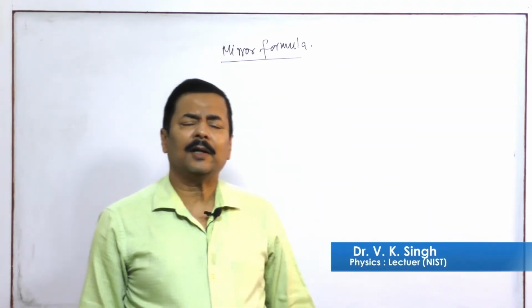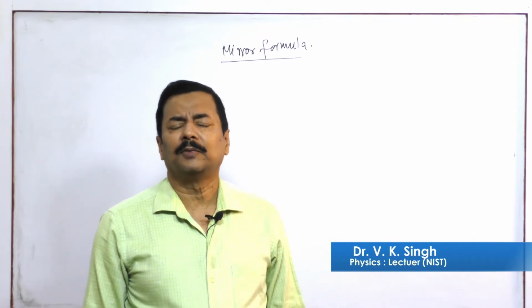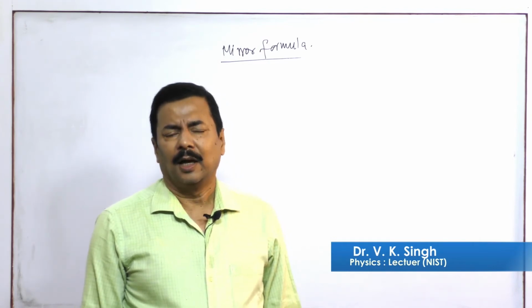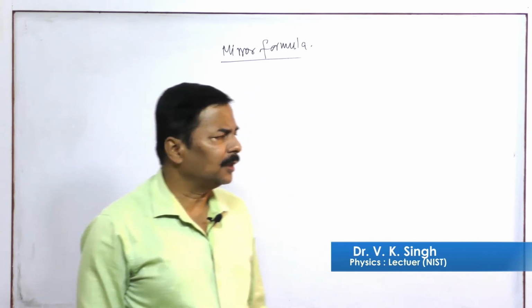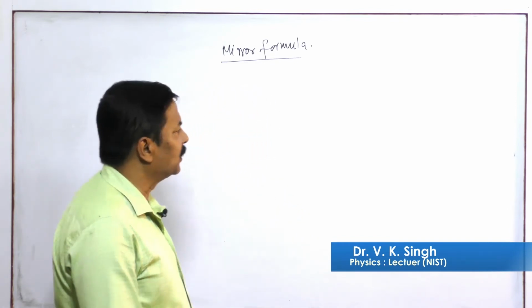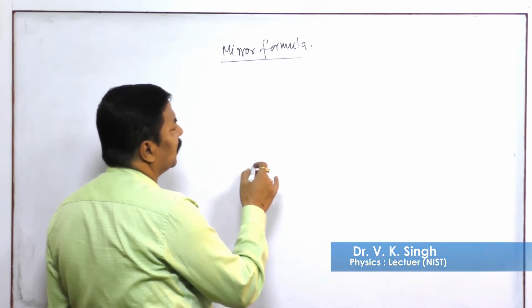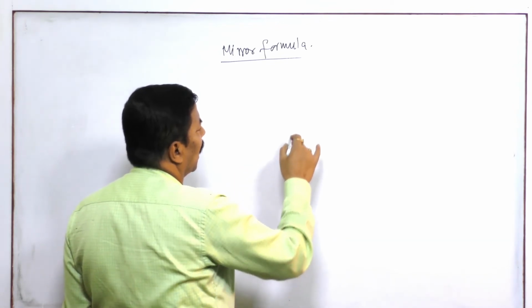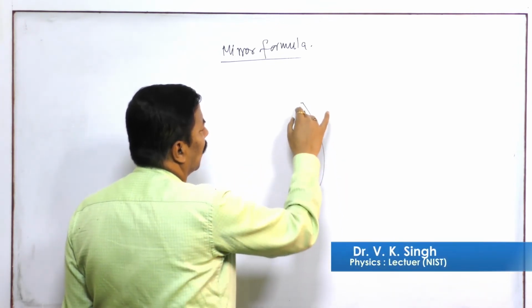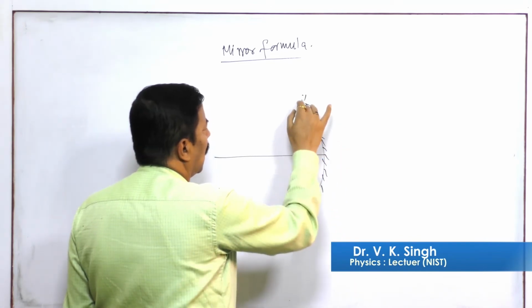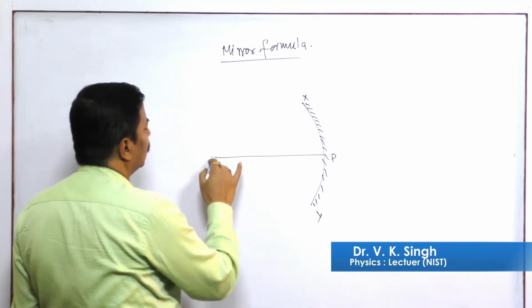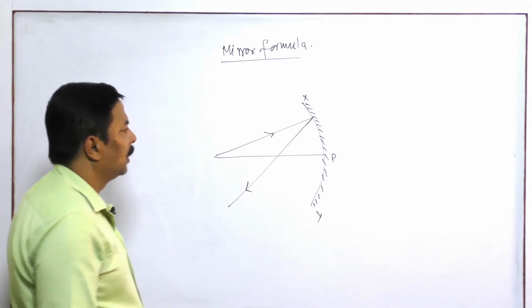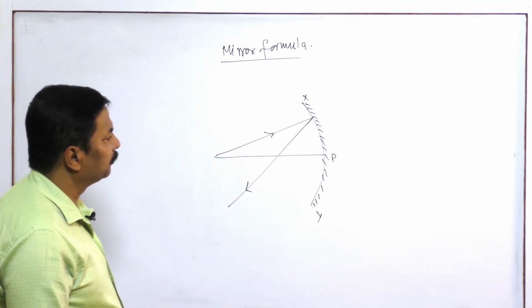Now the general confusion comes about the virtual object. What is a virtual object? A virtual object is basically a concept that rays are converging. Suppose that I am taking a concave mirror, and a ray of light is going in this way.